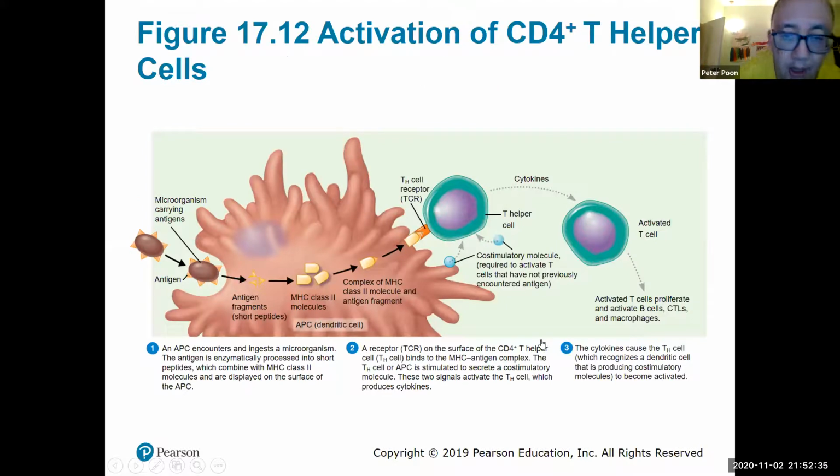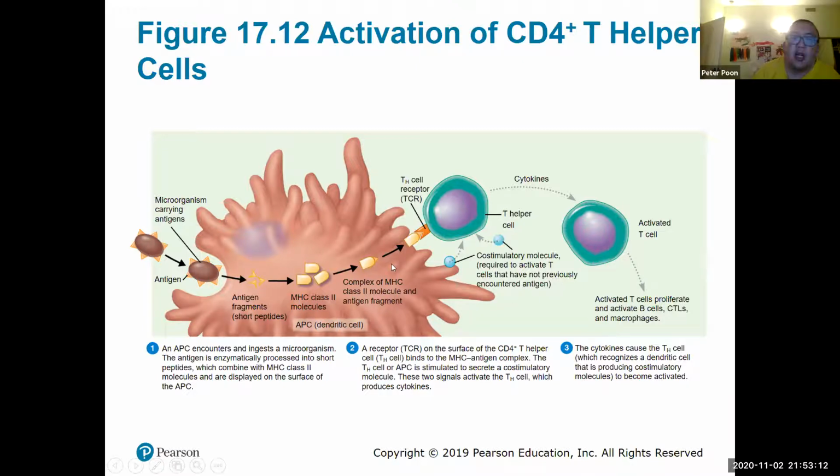So what happens here is this is a T helper cell. The T helper cell will recognize the antigen right here, and it will send signals to activate itself and then activate B cells, cytotoxic T lymphocytes, and macrophages.